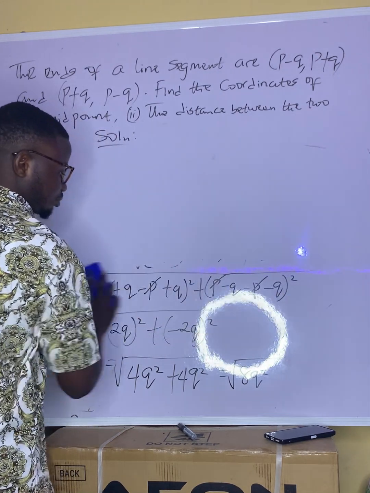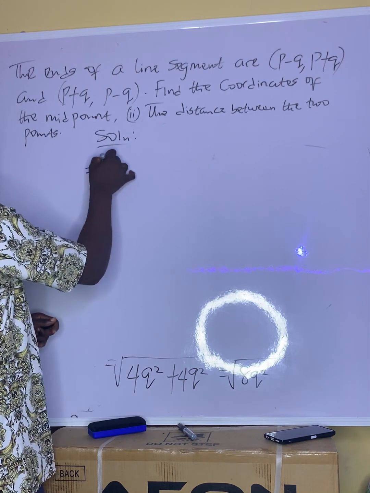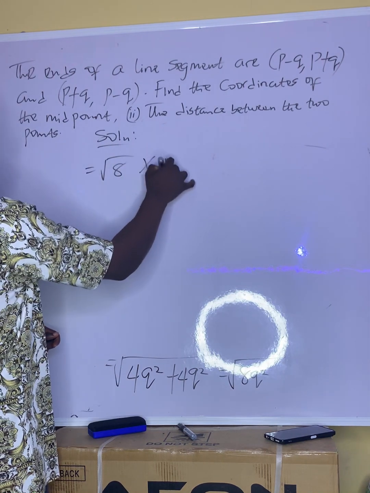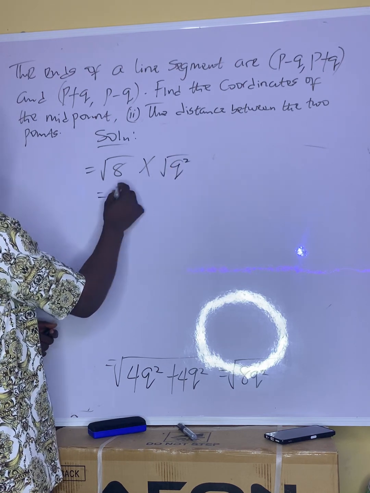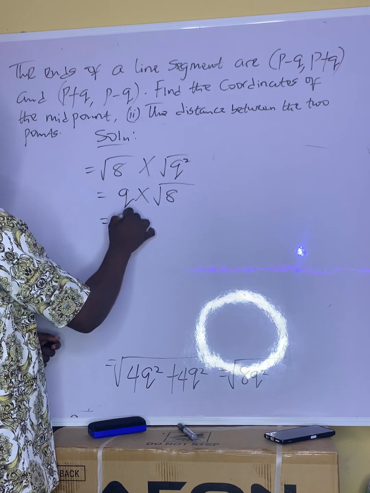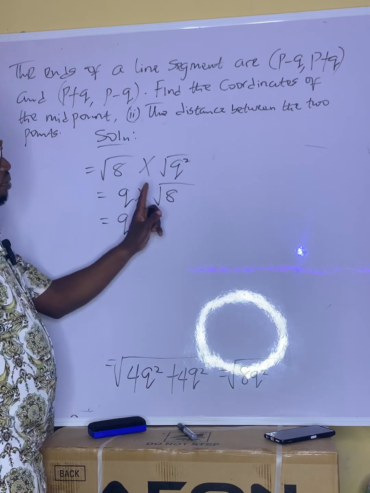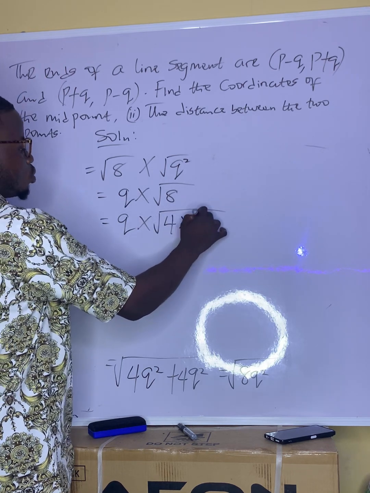From what we have there, the same thing as we are having square root of 8 times square root of Q square. So now square root of Q square will give us Q times square root of 8. So we will have Q times, in short, if you want to simplify this, that's same thing as 4 times 2.